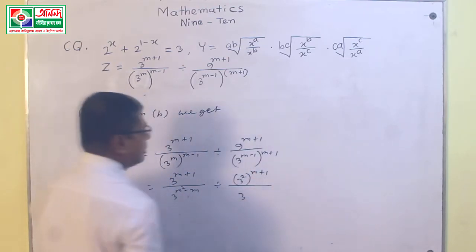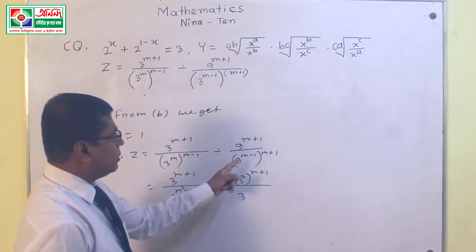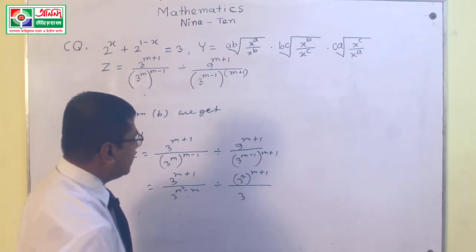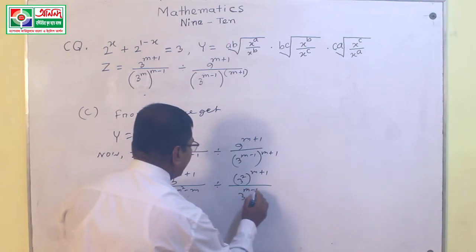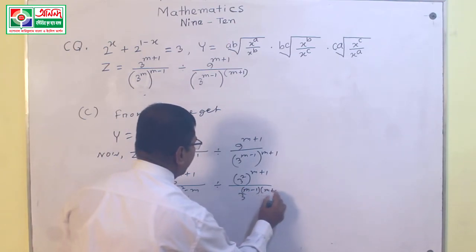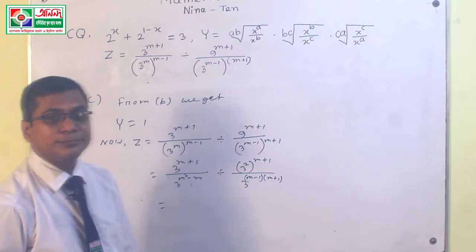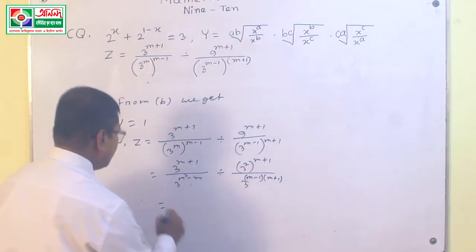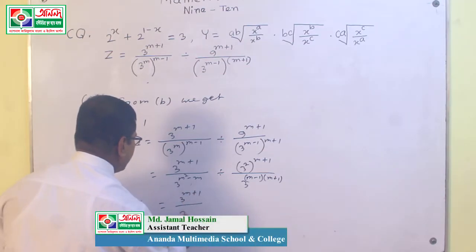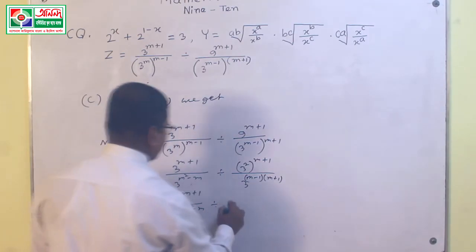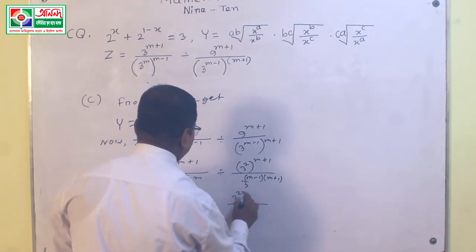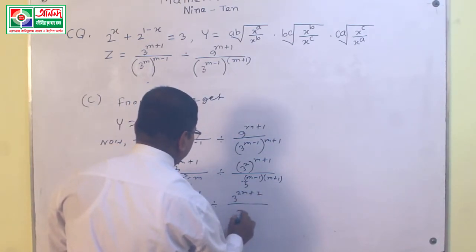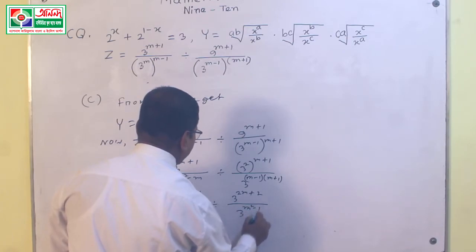Here look at, the base is 3 and we will multiply the power and power. So you can write here m minus 1 into m plus 1. Look at, now we will multiply here 3 to the power m plus 1, 3 to the power m square minus m bhag 3 to the power 2m plus 2 divided by 3 to the power m square minus 1.